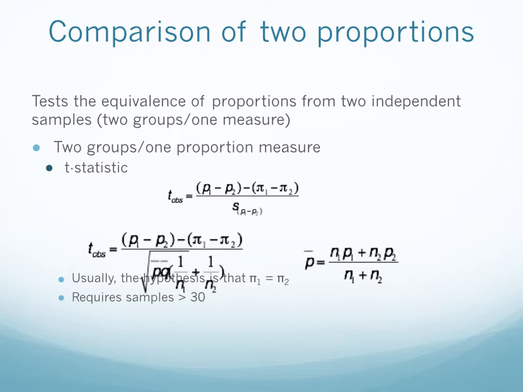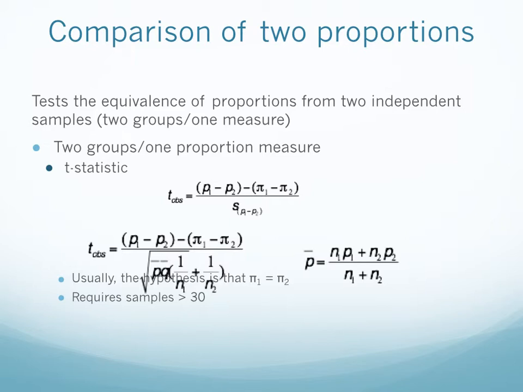And again, those are usually presumed to be equal, so that disappears, leaving the difference in the two proportions, divided by the standard error of the difference in the proportions. And that expands to P1 minus P2 minus the presumed difference in the populations over the square root of P bar Q bar times 1 over n1 plus 1 over n2.